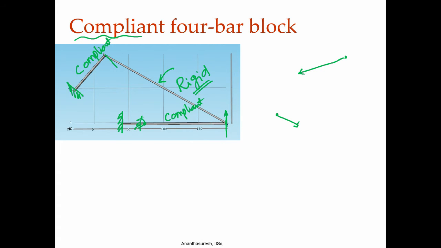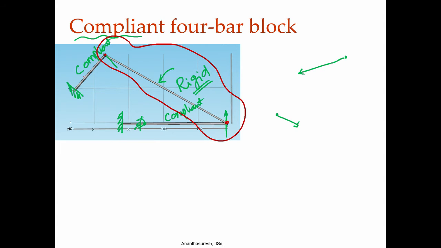So, I have again two things and they belong to a rigid body, but the rigid body is connected to two compliant segments. So, what is the rigid body here? If I look at this particular one, where is this point, there is no joint there, no kinematic joint, this is the rigid body. Again, a rigid body can be as large as you want, that rigid body is connected to two compliant segments.